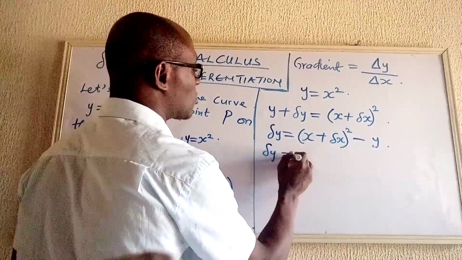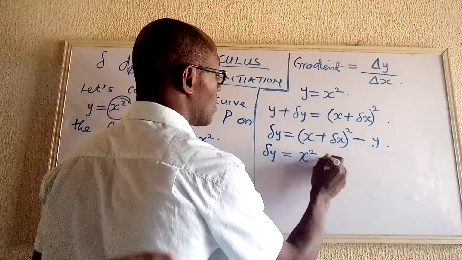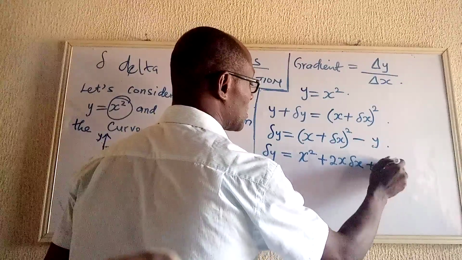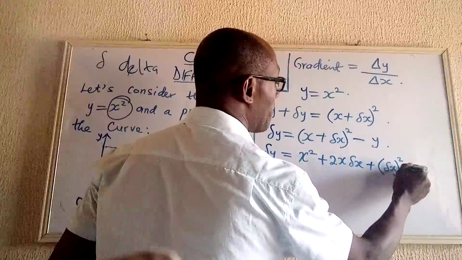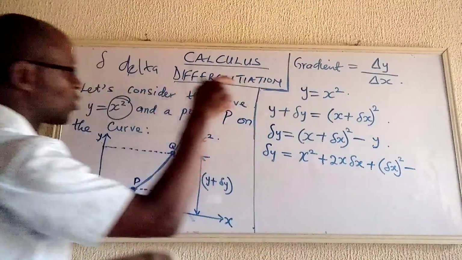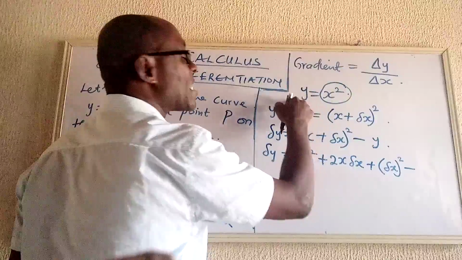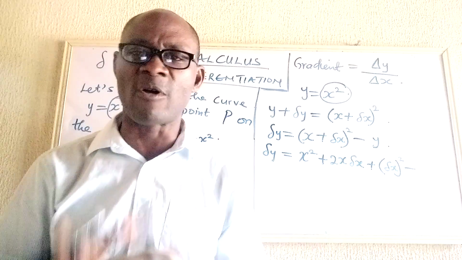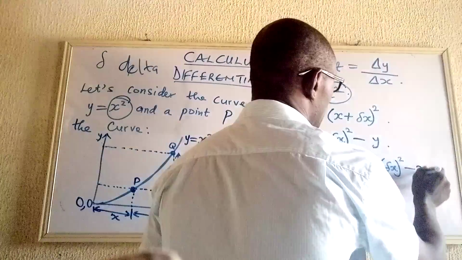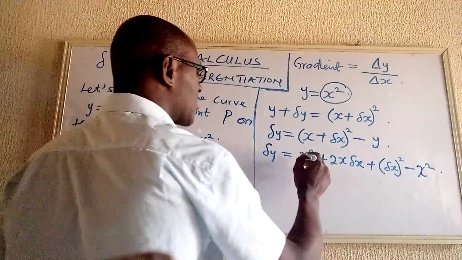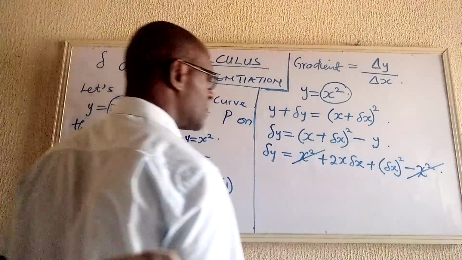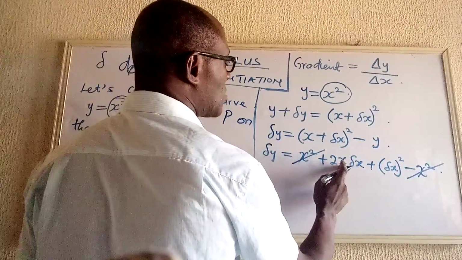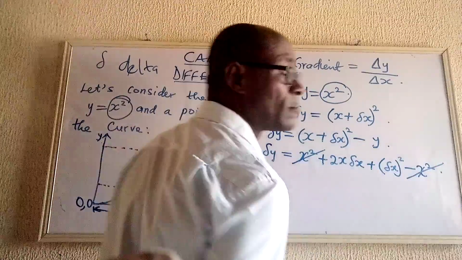Delta y equals x squared plus 2x delta x plus delta x all squared minus x squared, because y equals x squared. That is the original function given. It is obvious that this will cancel out this. Now we have delta y equals 2x delta x plus delta x all squared left.